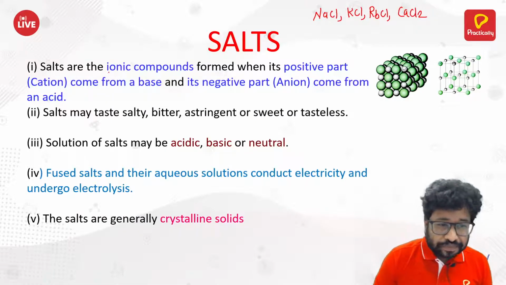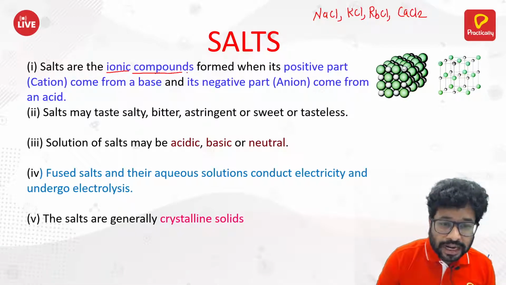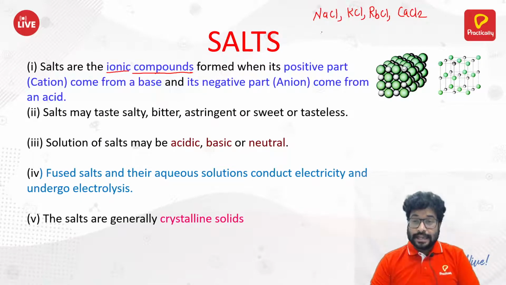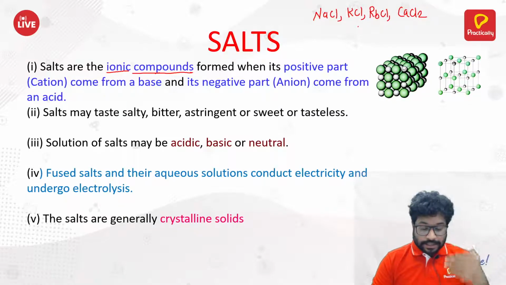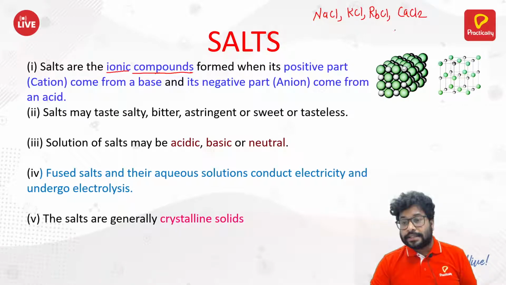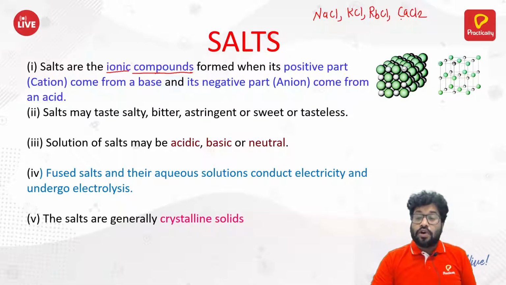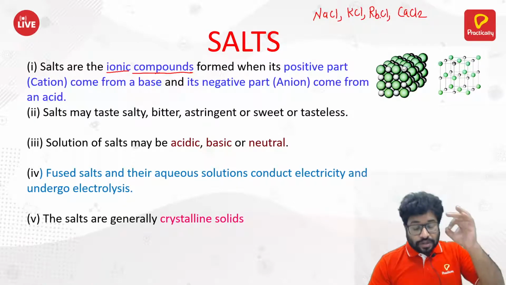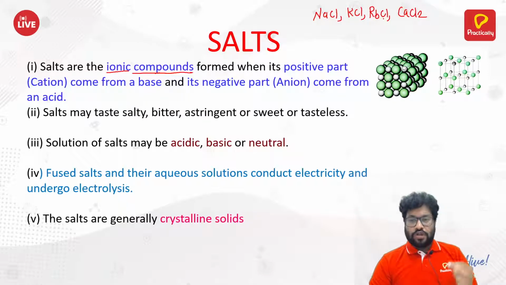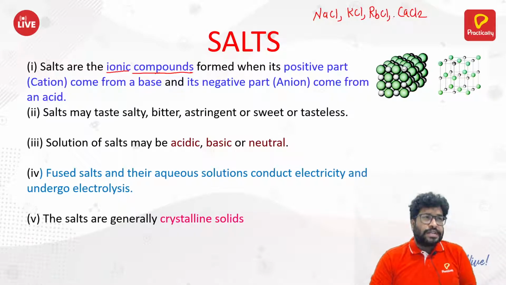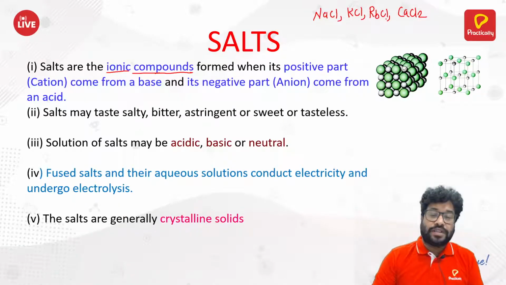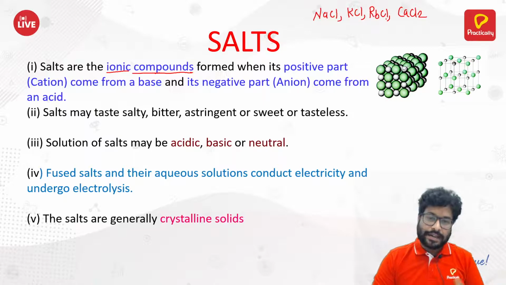Salts are ionic compounds. NaCl is Na plus Cl minus, KCl is K plus Cl minus, Rb plus Cl minus, calcium 2 plus and 2 Cl minus. All of these are ions, and there are only two types of ions, cation and anion. So salt is a combination of cation and anion, in other words, salts are ionic compounds, because they have cations and anions together.